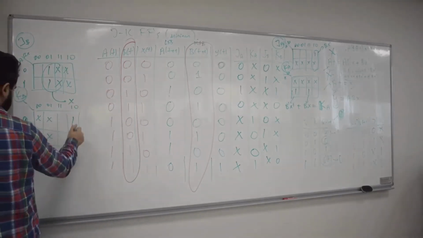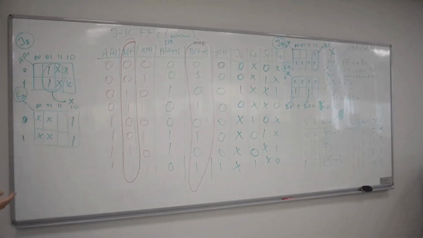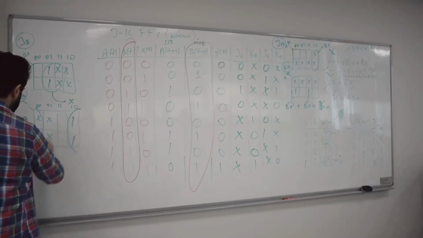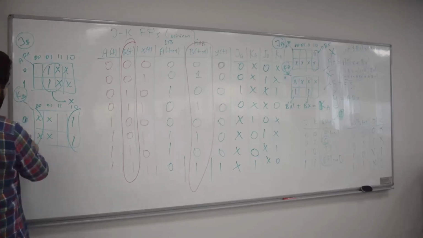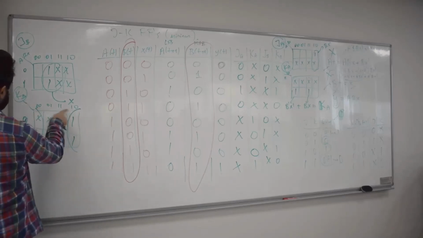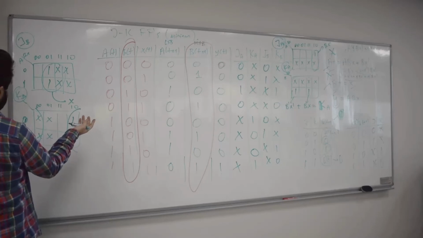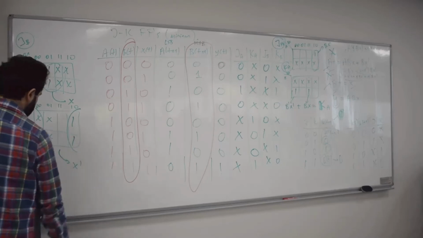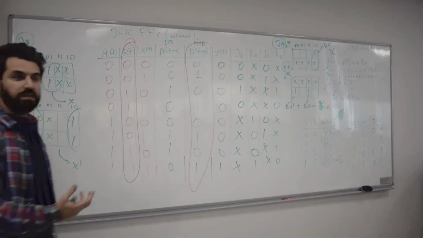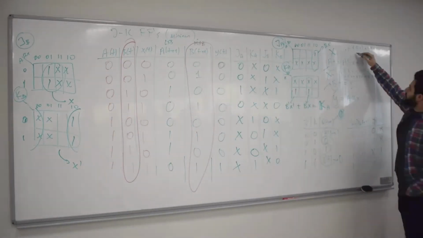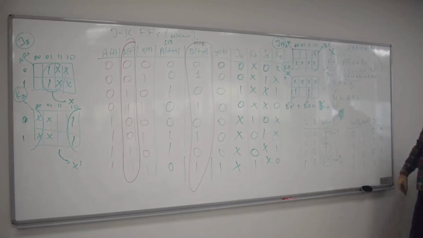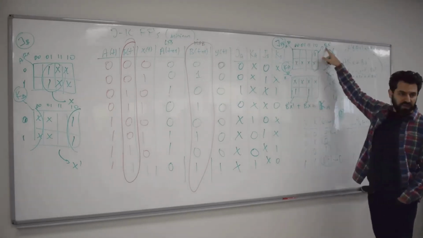That's also good because these are neighbors to each other. So I'm going to use this type of grouping, where A is gone and B is gone, but this is X prime. You see, kind of easy Boolean expressions result. In this case, these are more complicated. For JA, I think it's just B X prime.